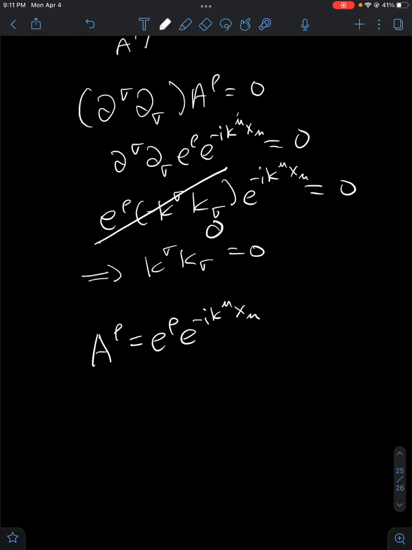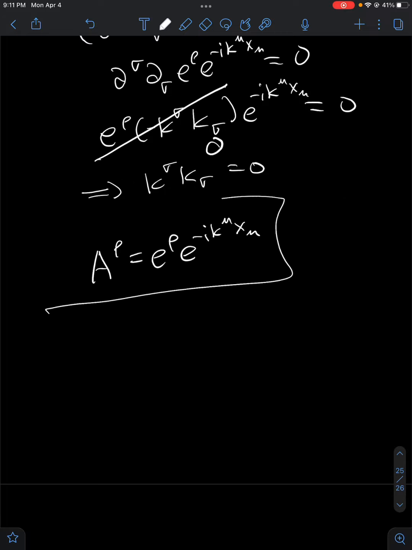We can actually put this into our formula for the electric and the magnetic field, even the Faraday tensor as well, to find out how those fields will look. So we can just plug this into other expressions to find formulas for the electric, magnetic, and the electromagnetic field. There's still much more to do, actually.